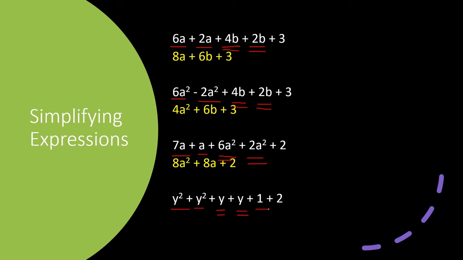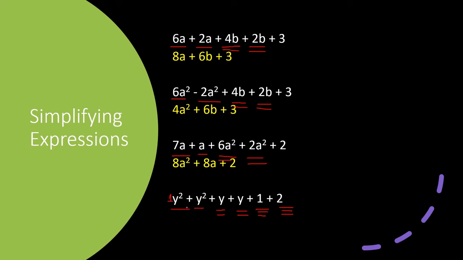And then these two terms right here, the 1 and the 2, these constants, they're also like terms because what they have in common is that neither one of them has variables nor exponents. So that's what makes them like terms. So the way we will write our result, remember my friends, whenever you have a variable by itself, it is assumed that you have an invisible number 1 here.